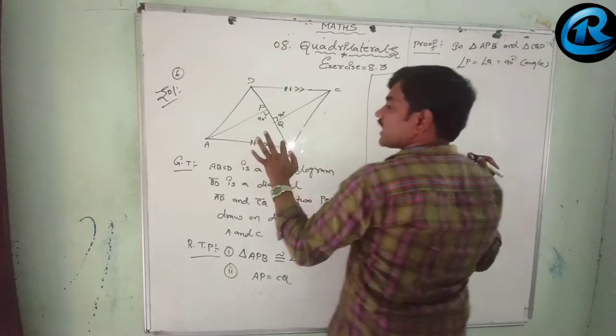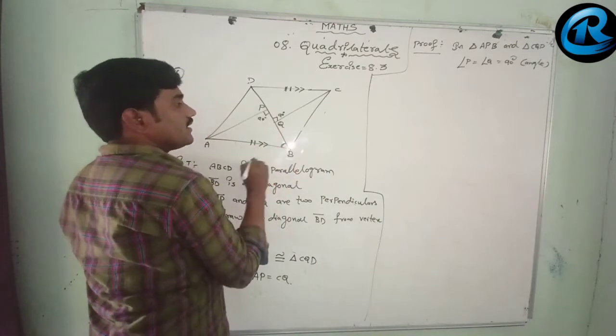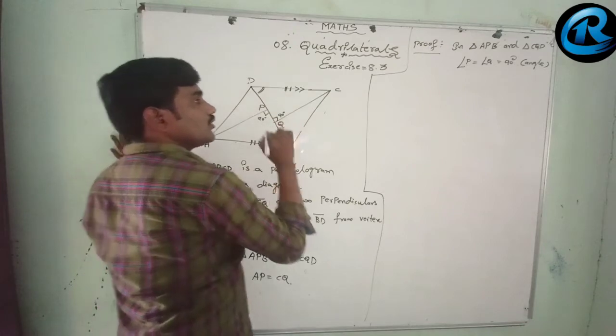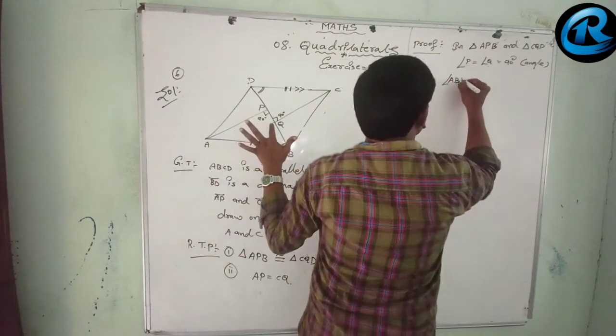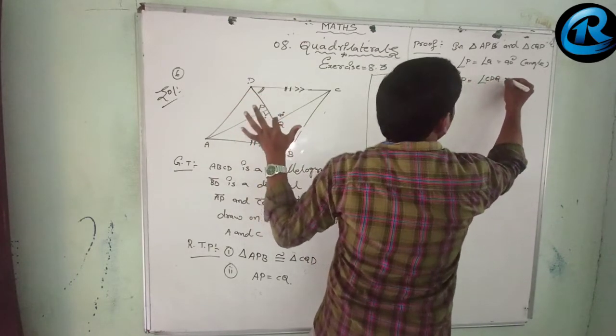Then angle B, that is ABP, is equal to angle D, that is CDQ. Angle ABP is equal to angle CDQ. Why are they equal?